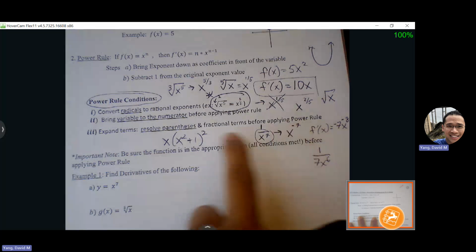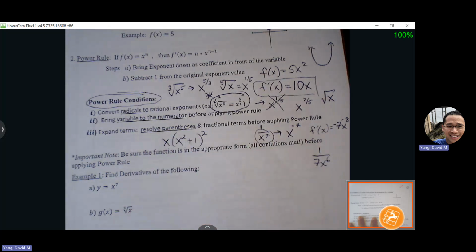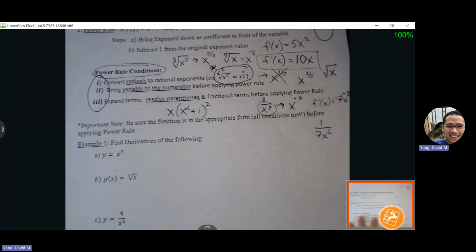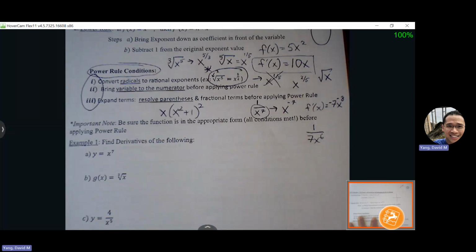If we want to just do power rule, every term has to be separated with no parentheses getting in the way when we apply power rule. Okay, so we'll look at some examples of that, and we're going to practice making sure that each of our conditions are met before we do power rule.